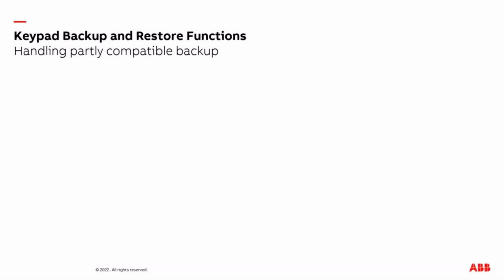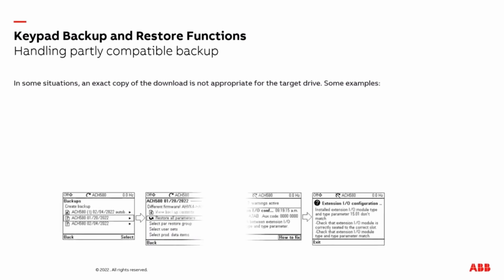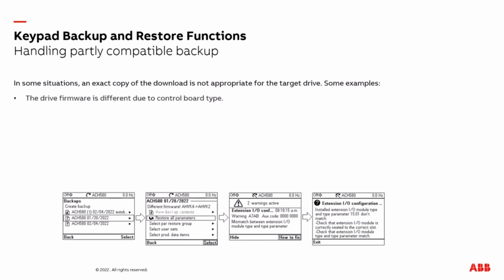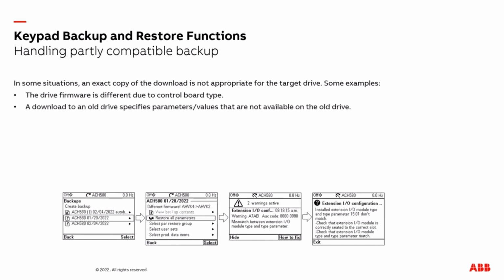Handling partially compatible backups. In some situations, an exact copy of the download is not appropriate for the target drive. Some examples are, the drive firmware is different due to the control board types. A download to an old drive specified parameters, the values are not available in the old drive.